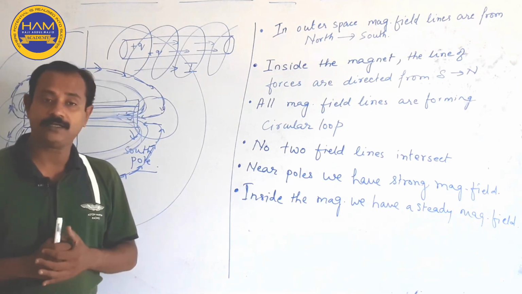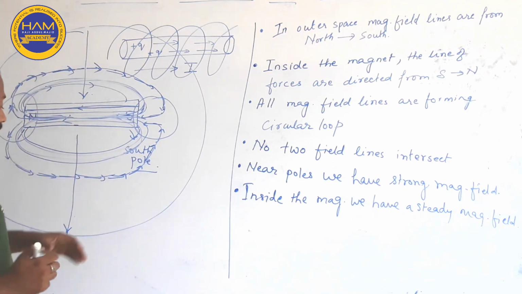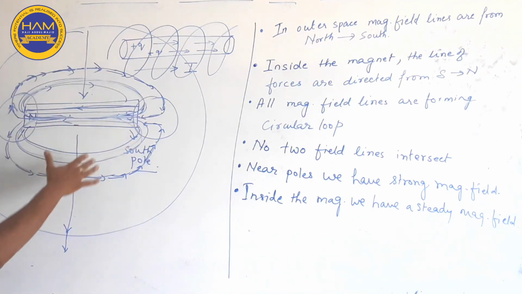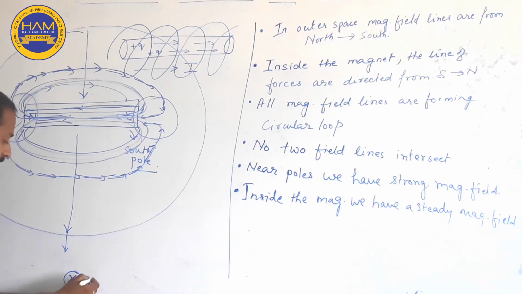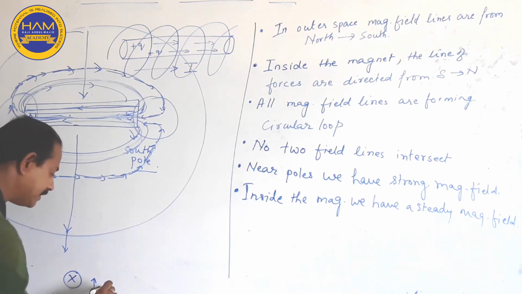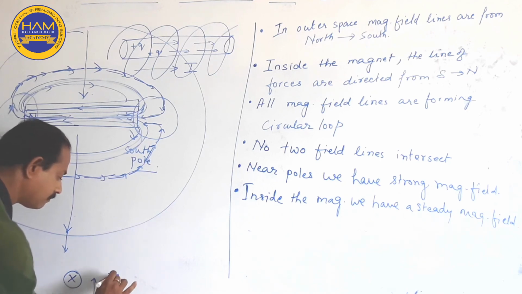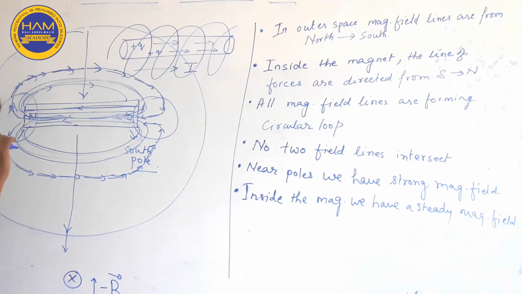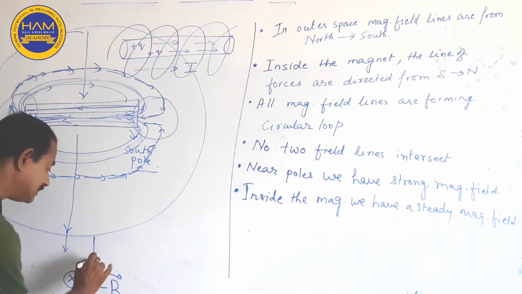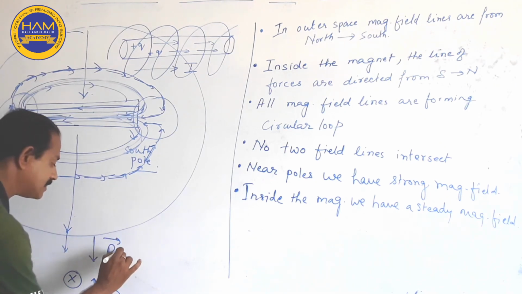Inside the magnet we see the magnetic field lines are also influenced by the Earth's magnetic field. But say this is a point where we can have two equal magnetic fields: Earth is exerting a magnetic field, say minus B, and this magnet is exerting the same magnetic field from this direction as plus B.